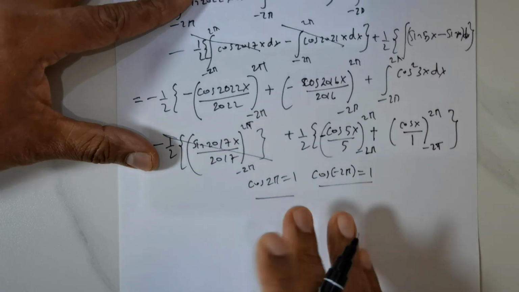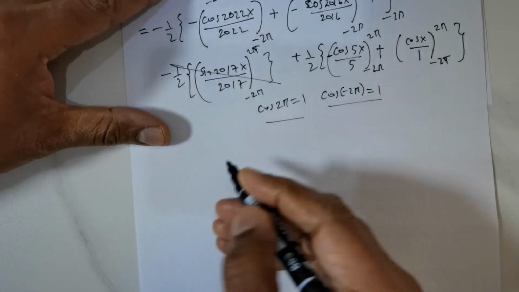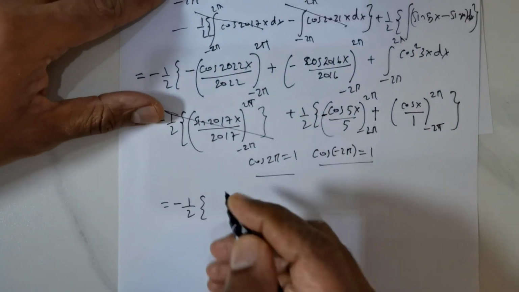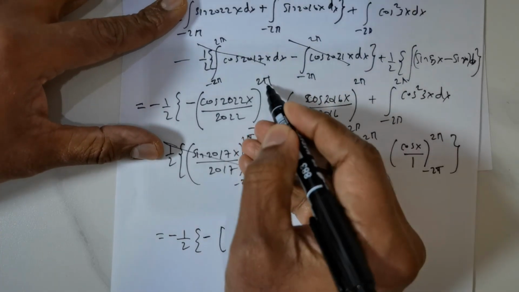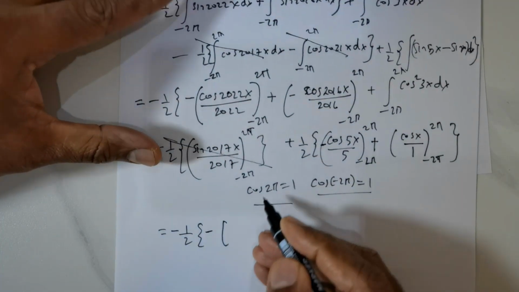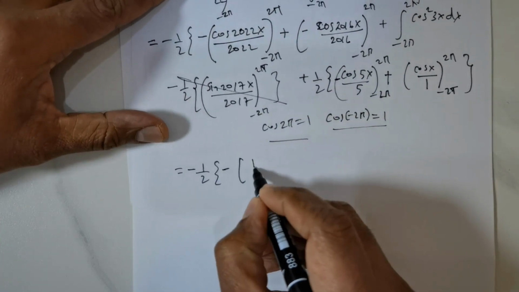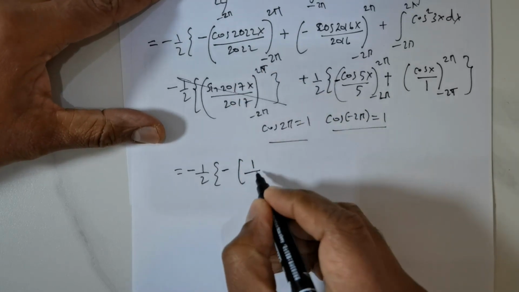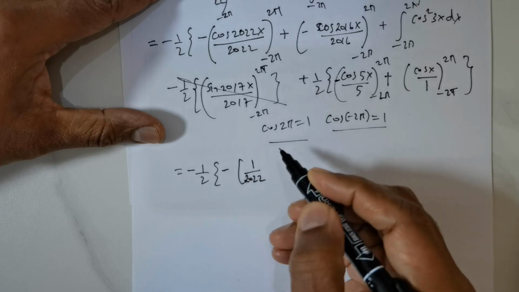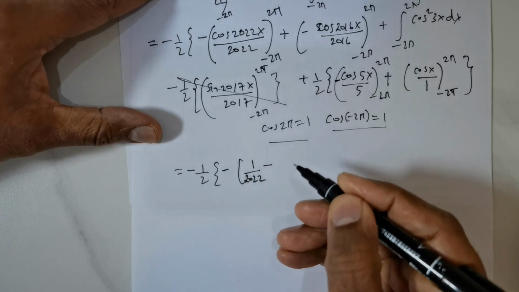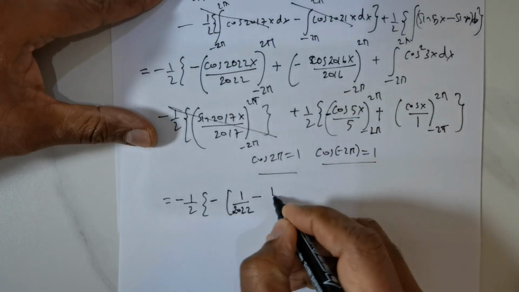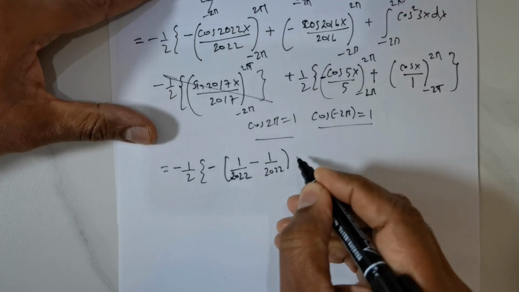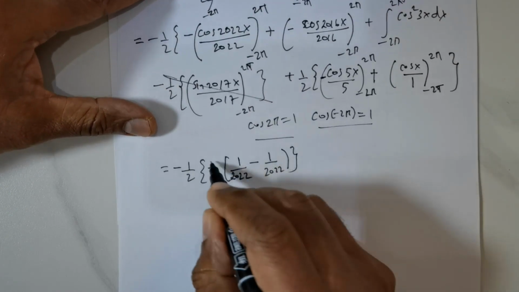Okay, so this, let me evaluate this, is going to be negative 1 over 2. I have a negative sign. I substitute the upper limit. Upper limit will produce me 1. There's a denominator there, so 2022, and minus the lower limit will also produce me 1, so it's going to be negative 1 over 2022. So this story is done.